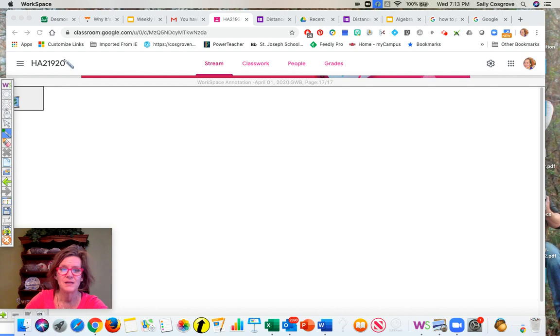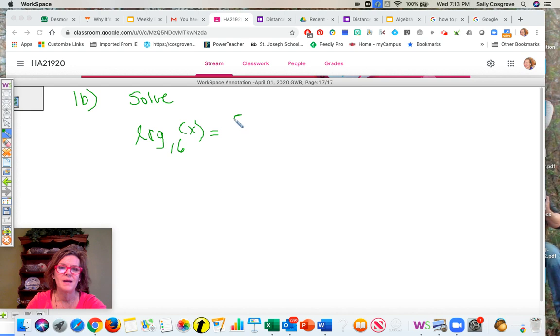And we'll go right into example 1b. Our instructions are still going to be the same. It's still going to say solve. So this time we have the log base 16 of x equals 5/2. Again, where is our unknown? It is in the argument. I don't know what the argument is, so 16 to the 5/2 power is what number?